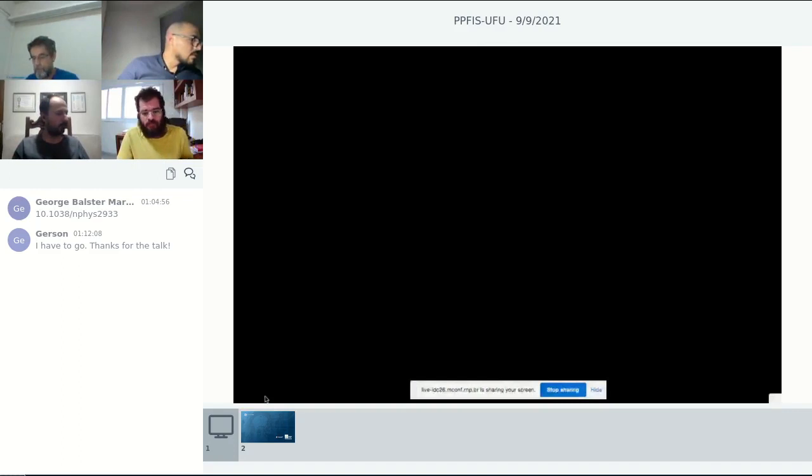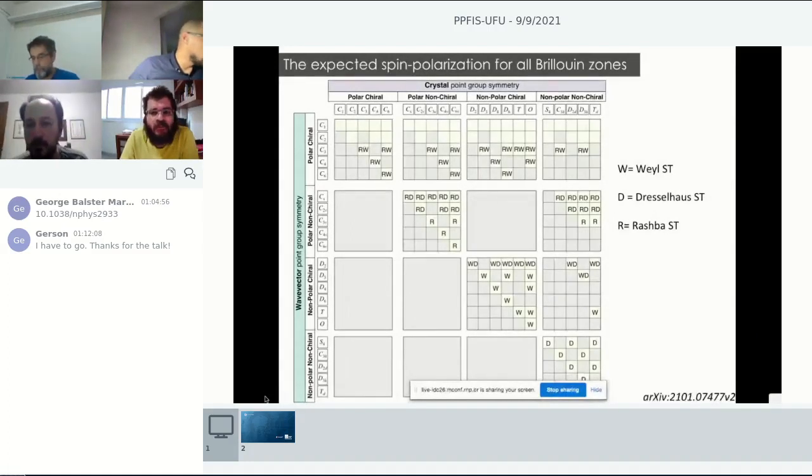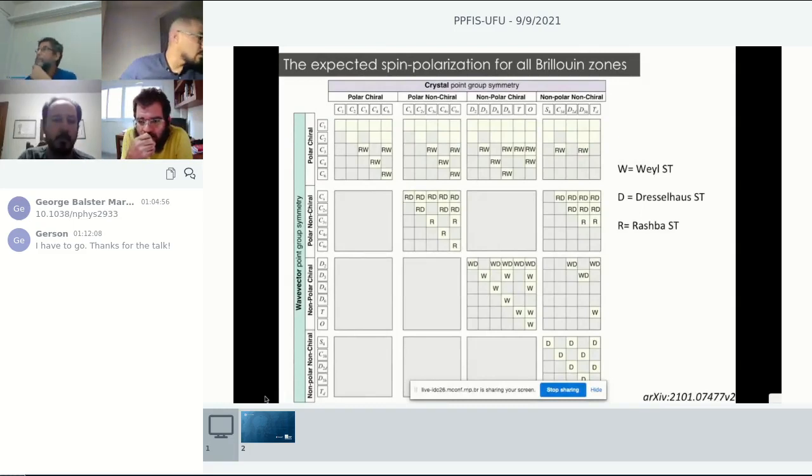So we know, for instance, that for D2D, we will have, according to what we had discussed, a kind of Dresselhaus model, but for D2H, yeah, here there is actually a problem. For D2D, sorry, it should be a combination of Rashba and Dresselhaus. But it's very nice to see the following.